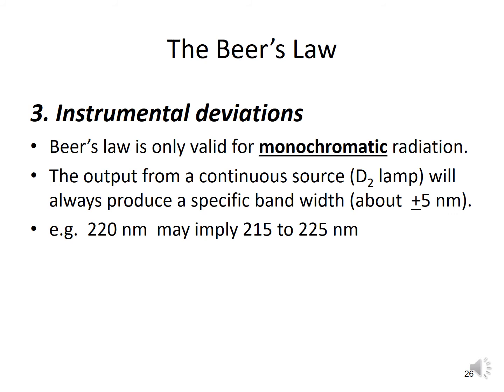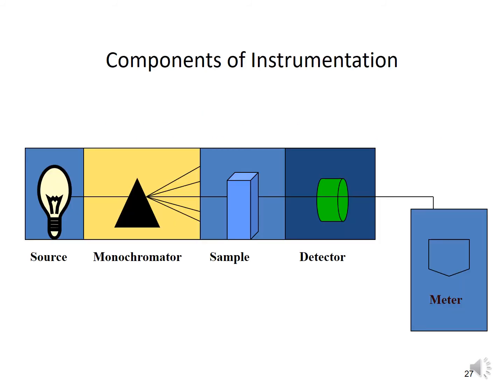If you use a deuterium lamp, it will give you a range of plus or minus 5 nanometers. So if you have 220 nanometers, it may imply about 215 to 225 nanometers. So this is the component of instrumentation.